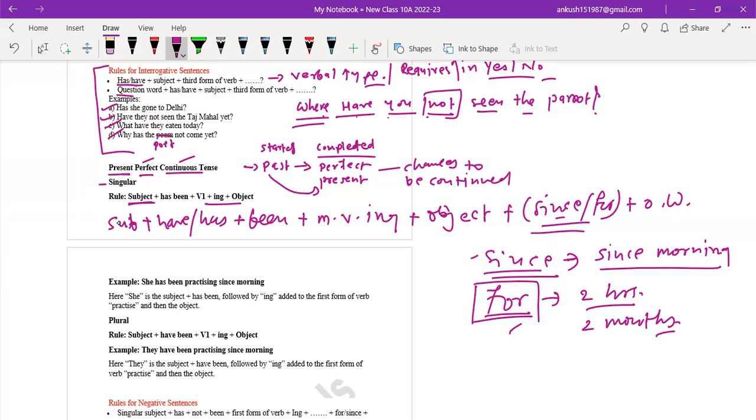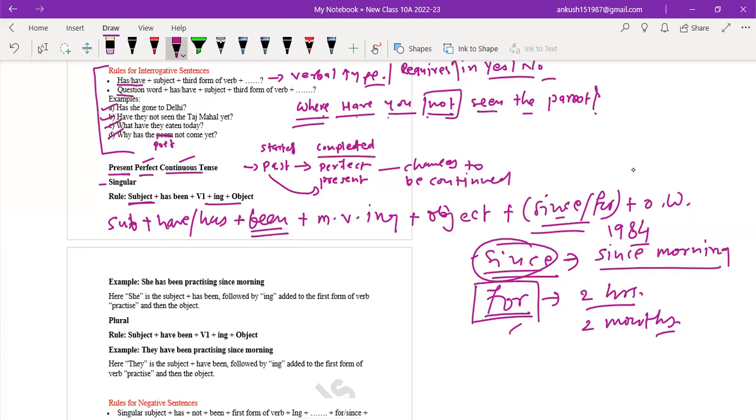If you are writing a year or a particular month, you will use since, like since 1984, since April, since May, since January. Got it? Understood?